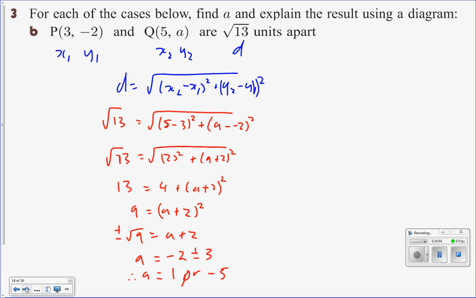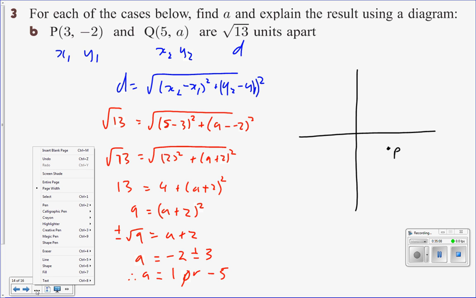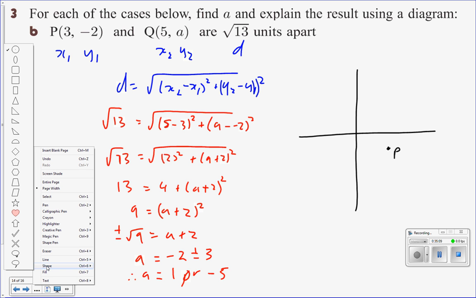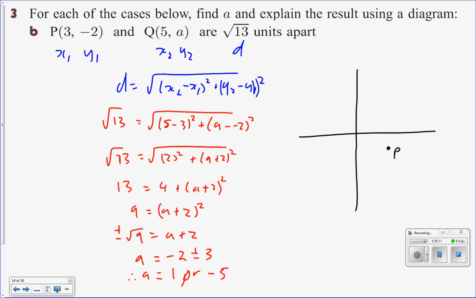So again, we need to draw our graph in. Got our point 3, negative 2, so we go up 3 of the x-axis, negative 2, so that's going to be point P. Again, we're going to draw our circle, shape, circle, draw that around there. We've got our point 5, so that's going to be over here somewhere.